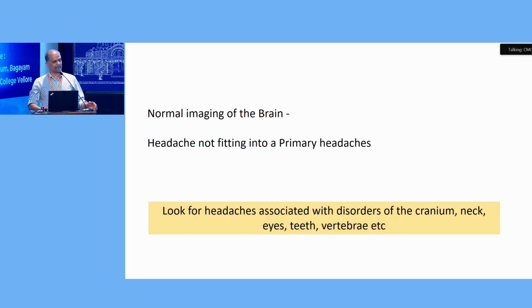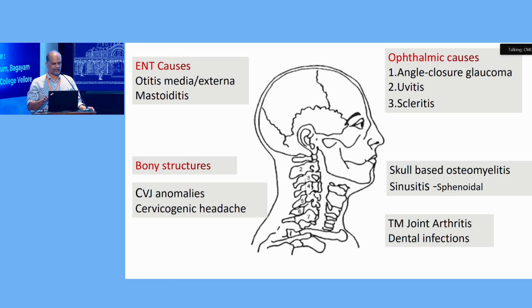Then you have to look for clues in other areas outside the brain, like ENT, where they can have otitis media, or look at bony structures for any CV junction abnormality, any ophthalmological causes like glaucoma or scleritis, or skull base osteomyelitis. The patient can present with TM joint arthritis, and you can mistake it for a migraine if you are not careful, or dental infection.